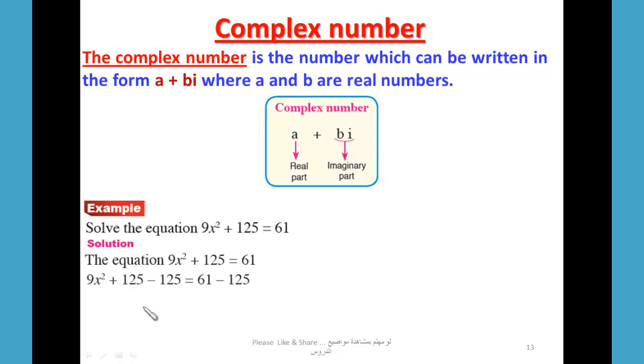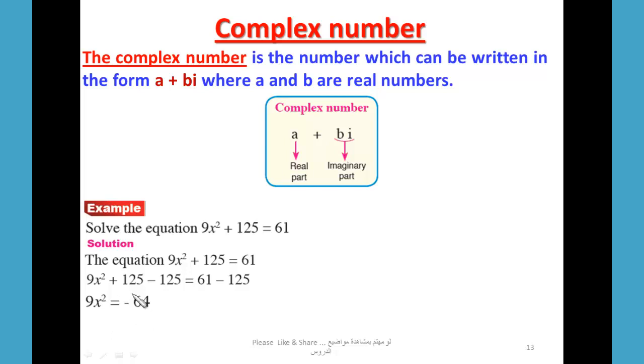By adding negative 125 to both sides, we have 9x squared plus 125 minus 125 equals 61 minus 125. We wanted to get rid of positive 125, so we must add negative 125 to both sides. So 9x squared equals negative 64.